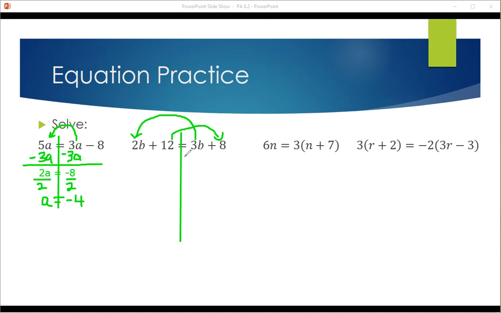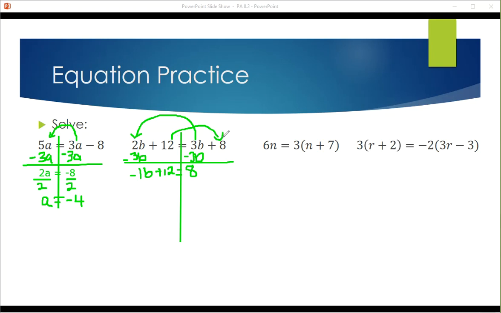So to take my 3b and move it to the left, I'm going to subtract it. So 2b minus 3b is going to give me negative 1b plus 12 would equal 8.